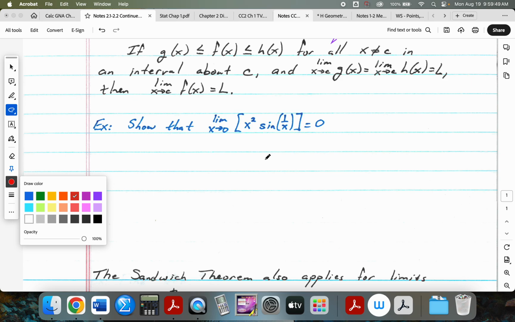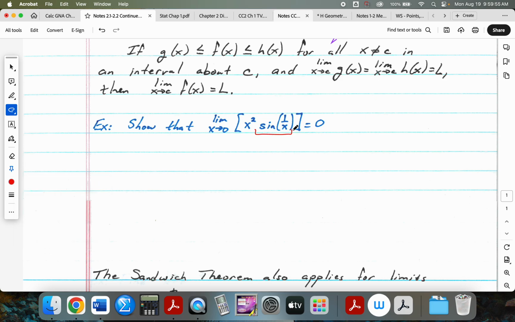And frankly, most of the examples that we're going to do are going to involve sine or cosine. And the reason for that is because it makes these pretty simple. Because what are the upper and lower bounds on the graph of sine or cosine? 1 and -1, exactly right.